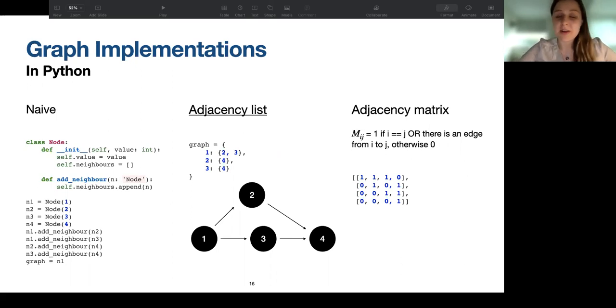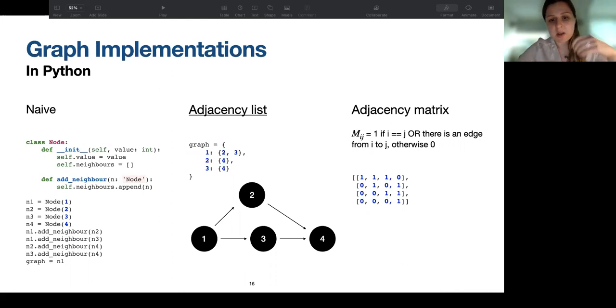And personally, my favorite way to encode the graph would be to have a structure which is called an adjacency list. Although it's not really a list here, it's more like a dictionary of sets. But the idea is that you list all the nodes which you have on the graph, and for each node, you list a set of nodes which this node has an edge to.